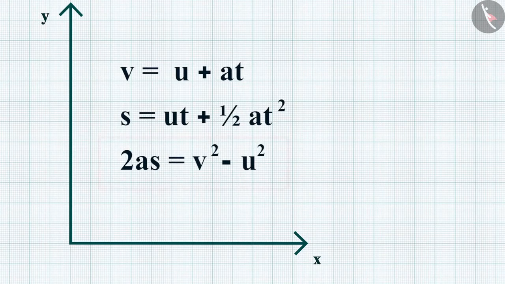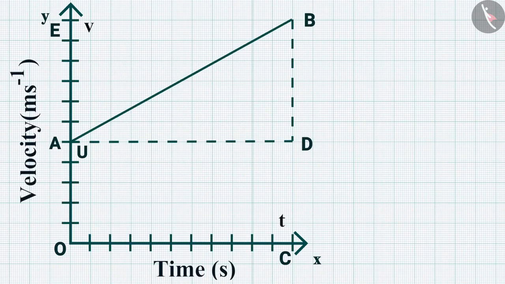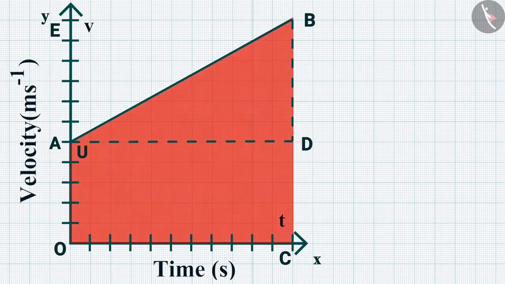Now let's move to the third equation, the equation for position-velocity relation. In the previous derivation, we saw distance s is equal to the area of the trapezium OABC.